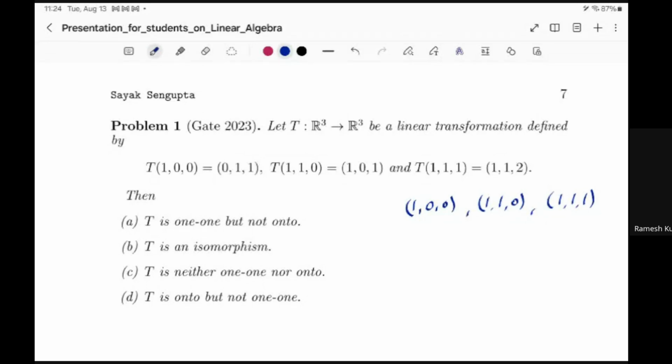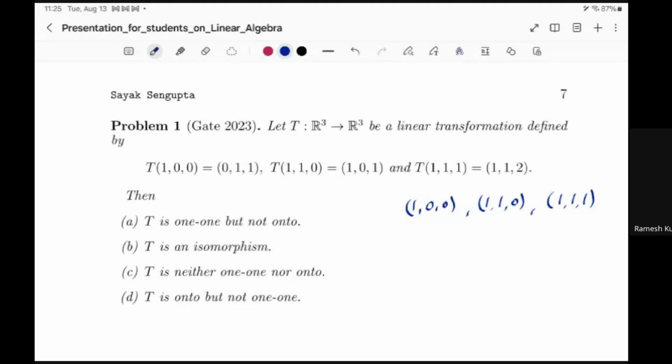So this is the right number, and it is linearly independent. That means it must be a basis. And as we talked about before, defining a linear transformation on just the basis elements is good enough. That gives the whole T over R3.